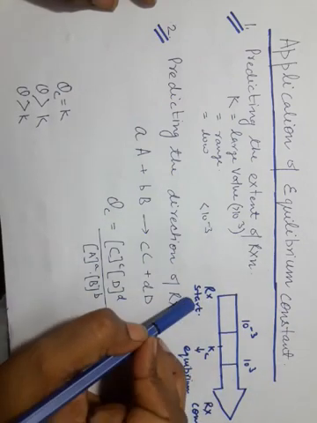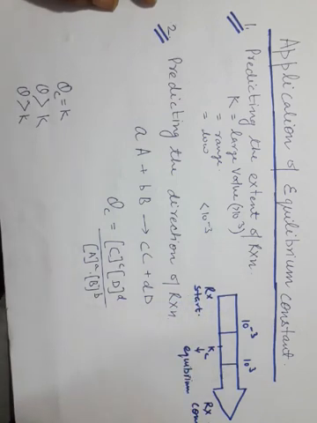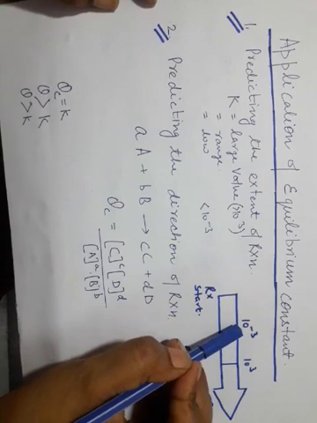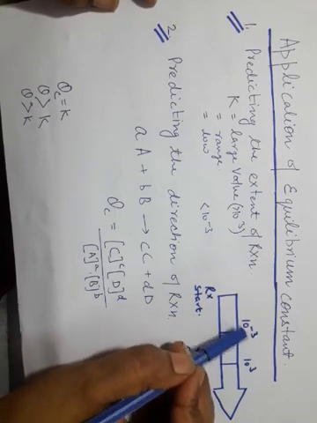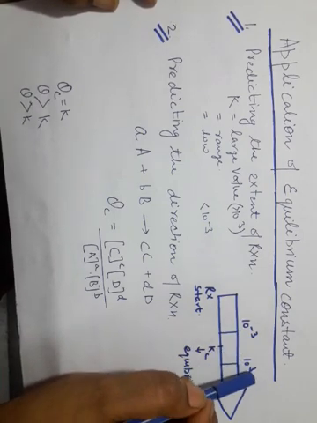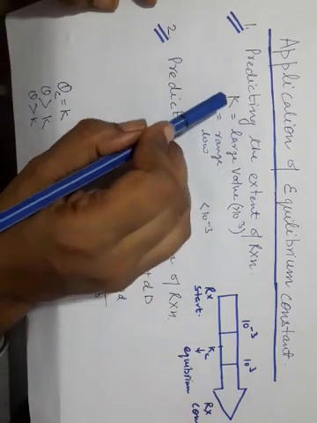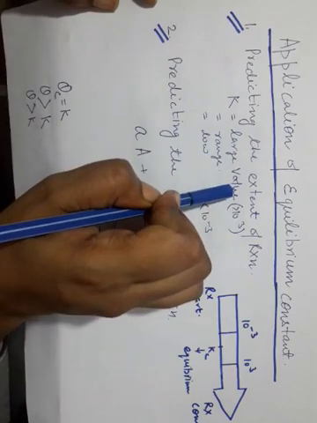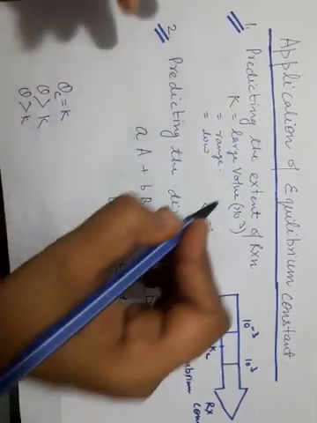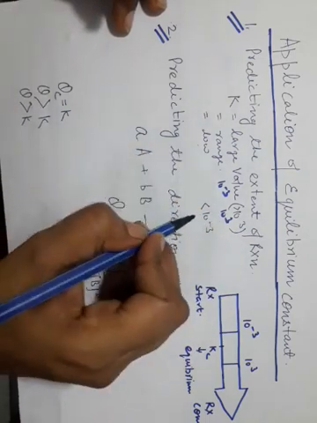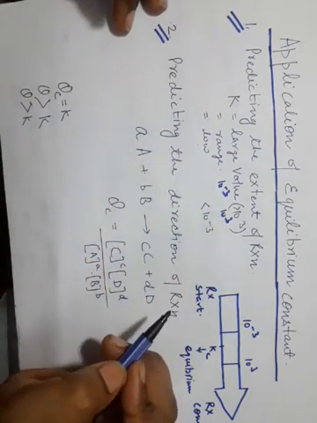The value of K at the start is very less, and when the reaction is complete, the value is very high. And when the equilibrium is approaching, then the value ranges from 10 to the power minus 3 to 10 to the power 3. So there are three conditions: K having a large value, K in the range 10 to the power minus 3 to 10 to the power 3, and K having a value less than 10 to the power minus 3.